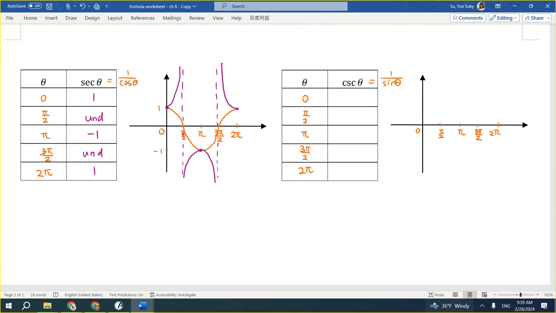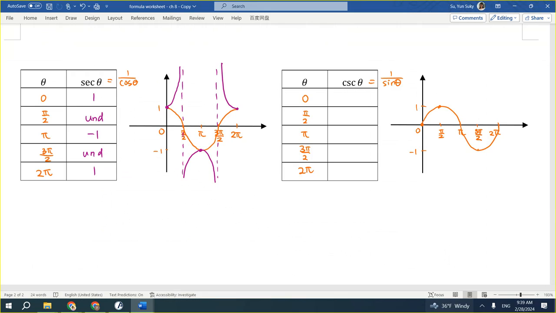Between pi and 2 pi, the middle is 3 pi over 2. And then your sine starts with what number? It starts with 0. And it goes up, down. All right. This is the sine. Right, everybody? Do you get this part?